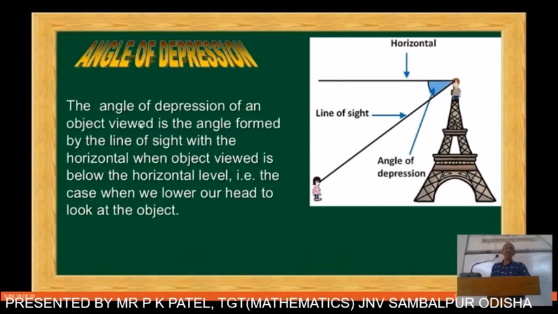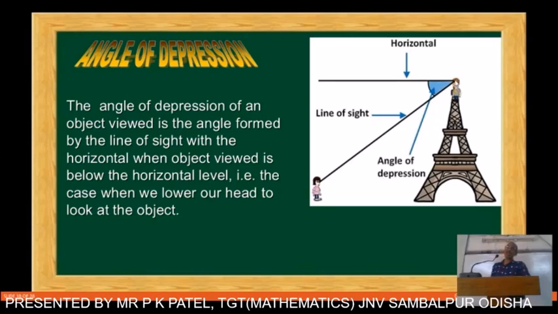That is, the angle of depression of an object viewed is the angle formed by the line of sight with the horizontal when the object viewed is below the horizontal level. That is, in the case when we lower our head to look at the object. Mark the picture here.